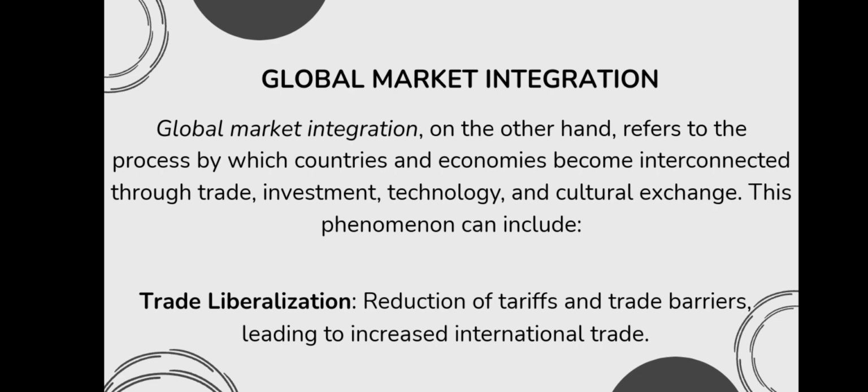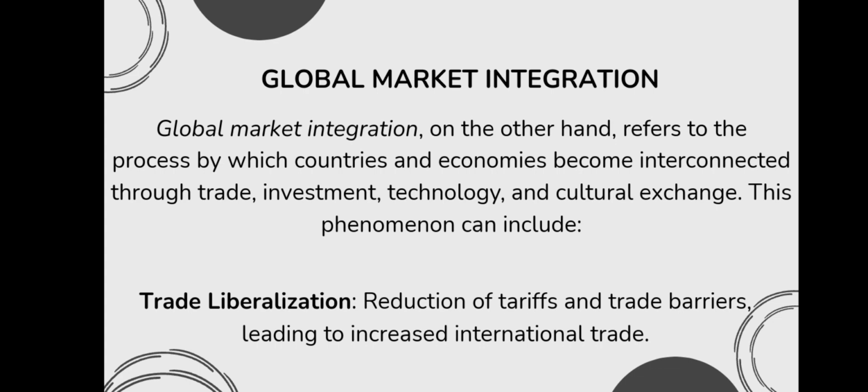So, global market integration means that countries around the world are becoming more connected through trade, finance, investment, and communication. In a simple definition, global market integration is when goods, services, money, and information can move easily across countries, making the world's markets act more like one big market.